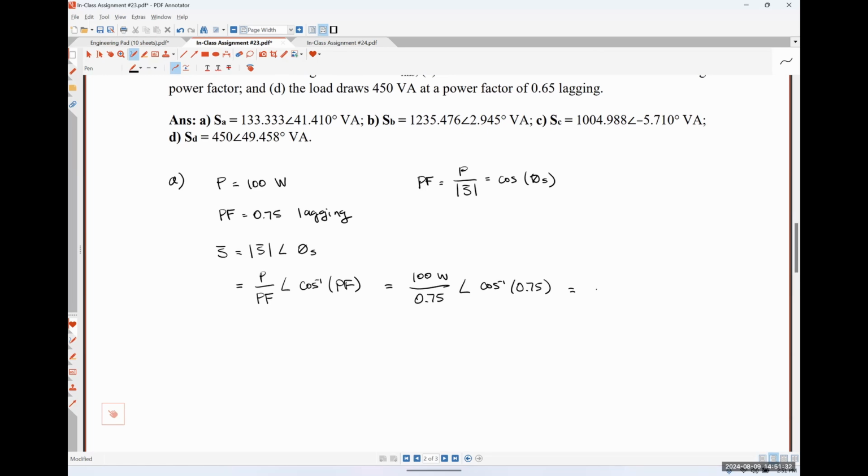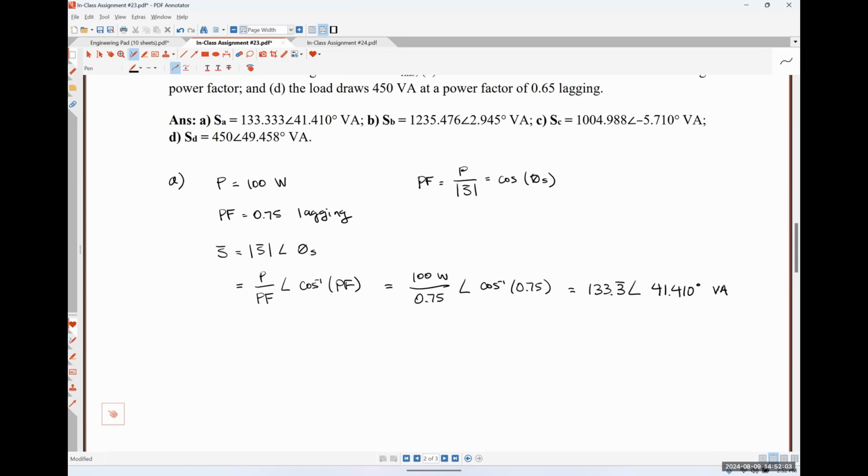Yep. So 133.3 repeating with an angle of 41.4096. So let's call that 41.410 degrees. And the units on this, because we are talking about complex power now, should be volt amperes.